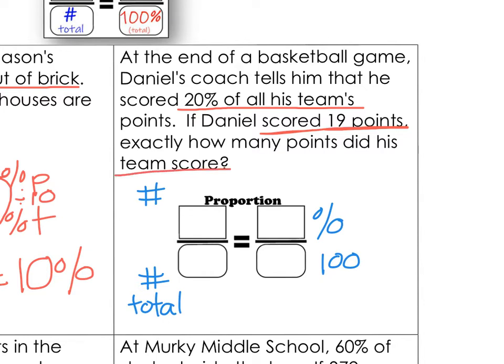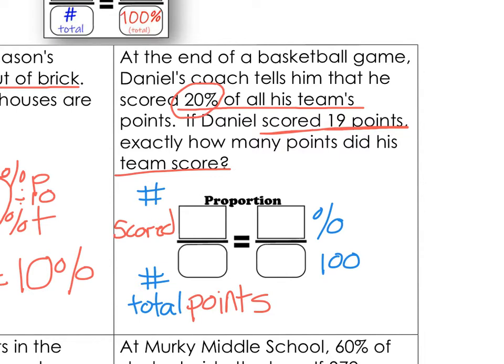So here at the bottom, this would be our total points. So the part that we're trying to find would be the points scored. So I'm going to put scored up top. Okay. Now right off the bat, it gives me 20%.